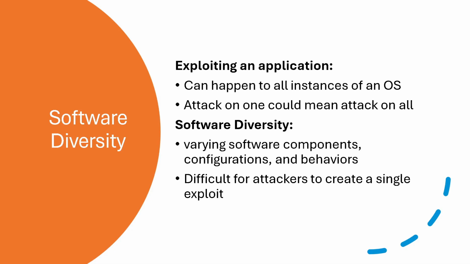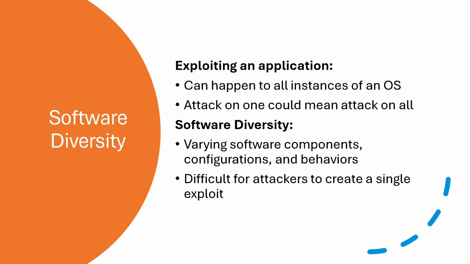Since applications made for all operating systems have a common base, exploiting one vulnerability in the application can lead to the exploitation happening to all instances of the operating system. By exploiting the vulnerabilities in the application, the attacker can try to elevate privileges and introduce malware to the operating system.